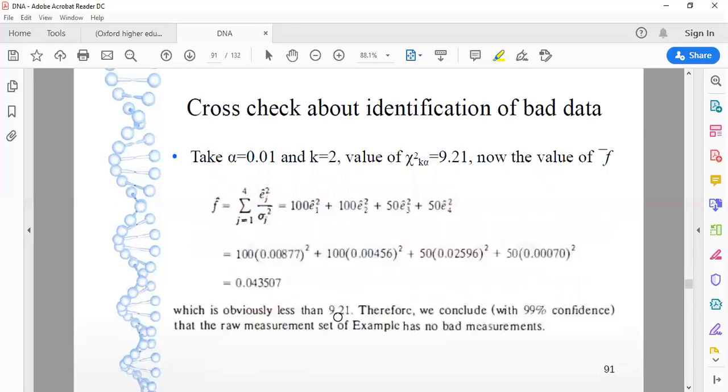Okay, now moving further, take alpha equal to 0.01 and K equal to 2. The value of chi square from the table is 9.21. Now we have to calculate the value of the performance index. So the performance index over here is the sum over J equal to 1 to M, where M is equal to 4. Hence we have to calculate this error, and this is the standard deviation.